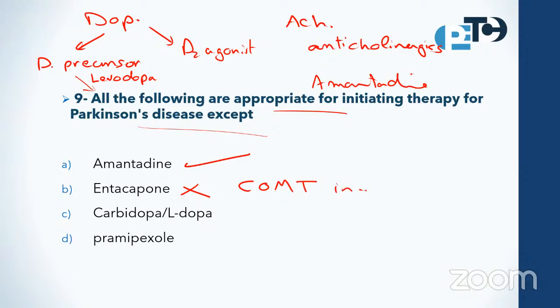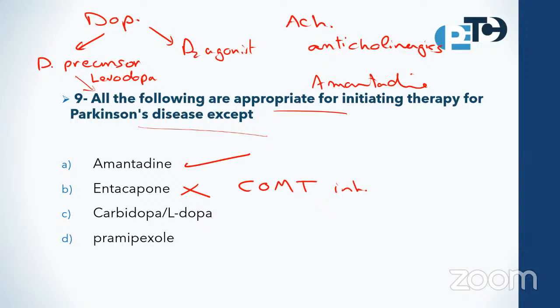So what is the role of it? Catechol-O-methyltransferase is one of the enzymes that destroy levodopa in the brain and prevent its conversion to dopamine. It is one of the pathways of levodopa in the brain, but we don't need this pathway. So we need a drug that inhibits this enzyme so that levodopa goes directly to dopamine without going to the pathway of other metabolites.